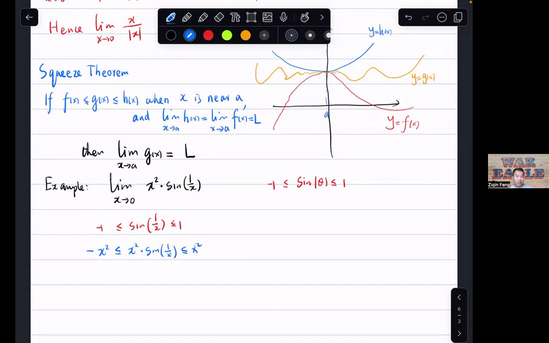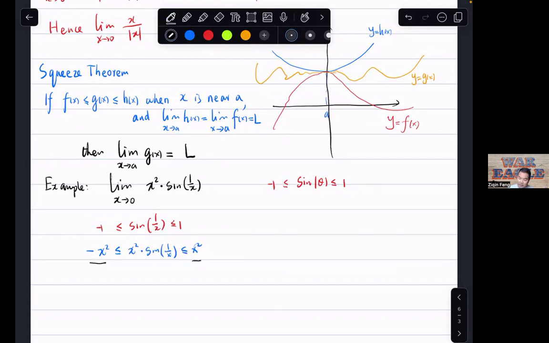So this is a good control of our function. Why is that? Because first, we know how to evaluate the limit of the upper and lower bound. That's an easy quadratic function.